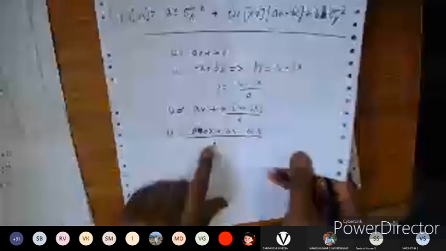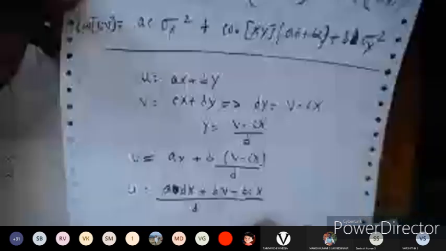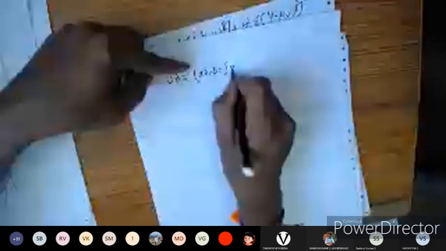So if I segregate here, it will become, so I'll write in the next page. So u into d is equal to, so x if I take here, so ad minus bc into x. Okay, so plus b into v will get here. So let us separate the x terms here.